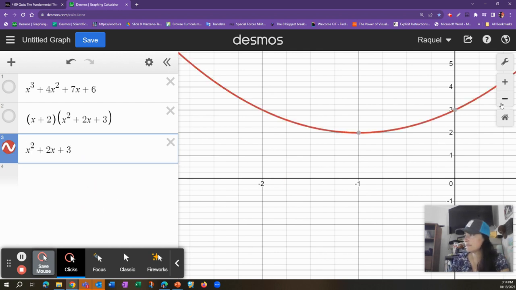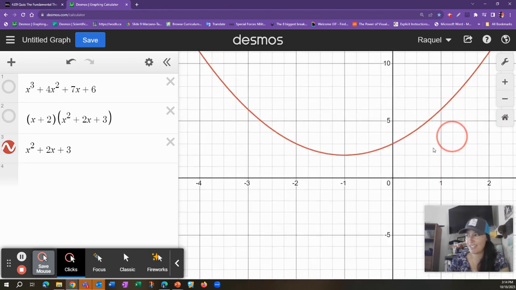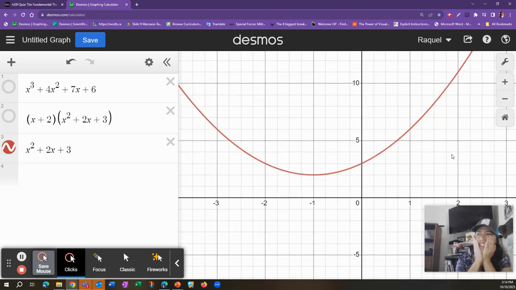Uh-oh. I knew this was going to happen. That's why I wanted to do it. Does this parabola cross the x-axis at all? No. Does this parabola have any value on this graph of x that will make it equal 0? Will this ever equal 0?